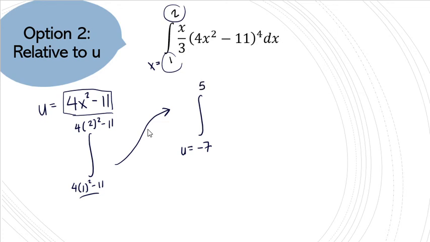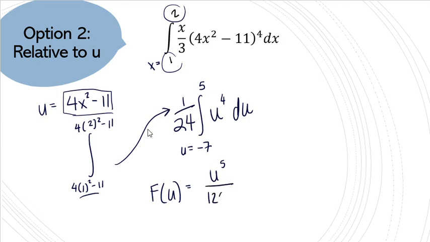And I'm going to steal some stuff from what we did before. We kind of were at this point. This is no different than what we were doing the previous time. U to the 4 du. When you do this math, you get your F of u, let's say, instead of F of x, and you have that u to the 5 over 120.